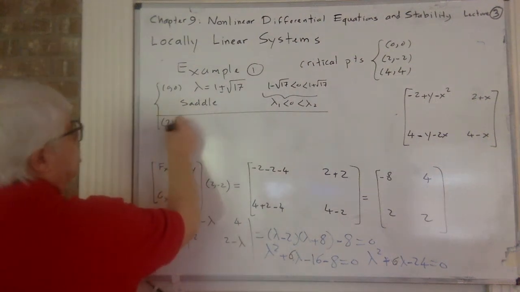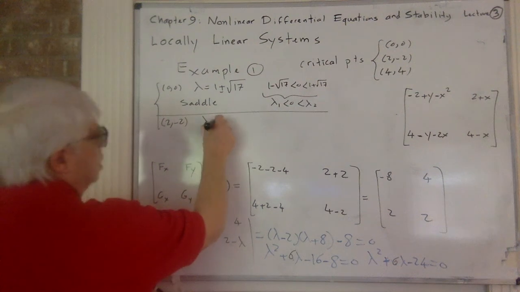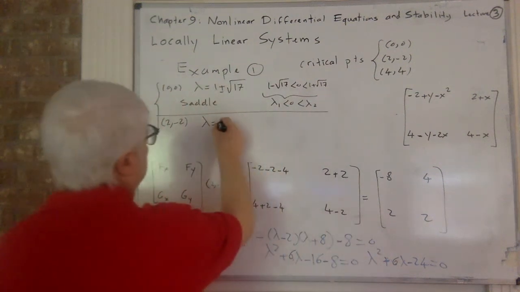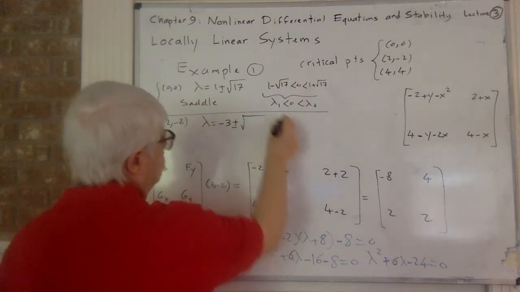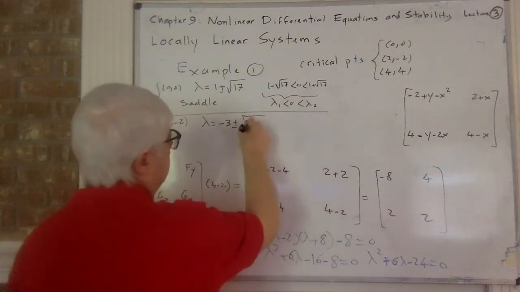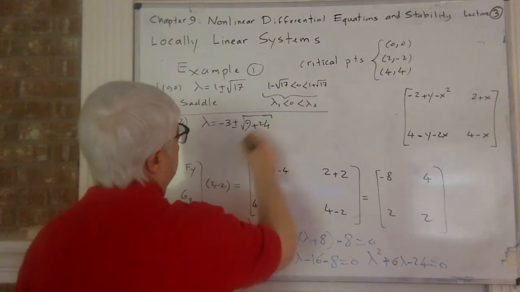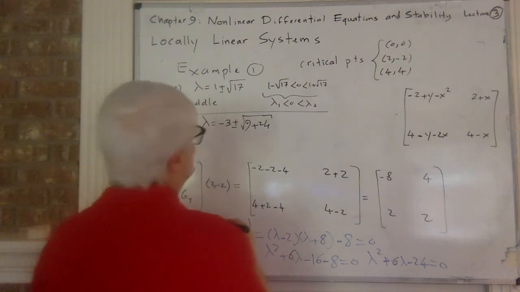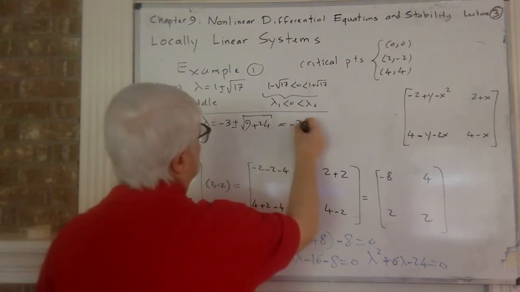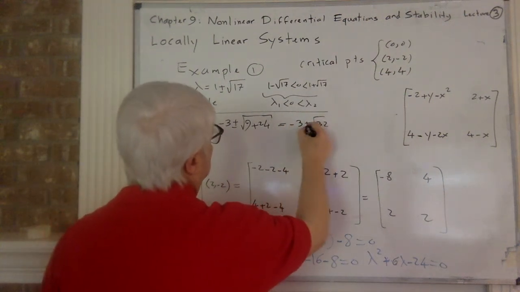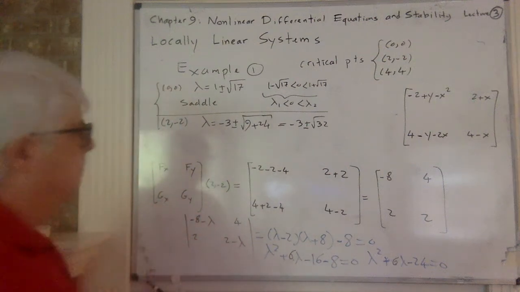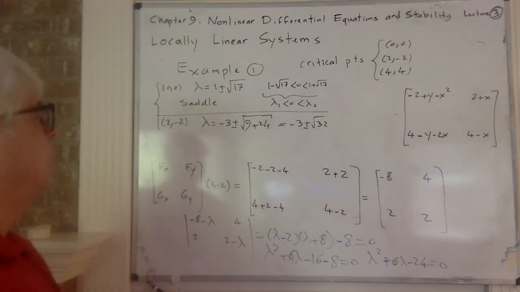lambda is minus 3 plus minus square root of 3 squared, which is 9, minus 24, which is plus 24. And that is 32, right? So it is minus 3 plus minus 32.